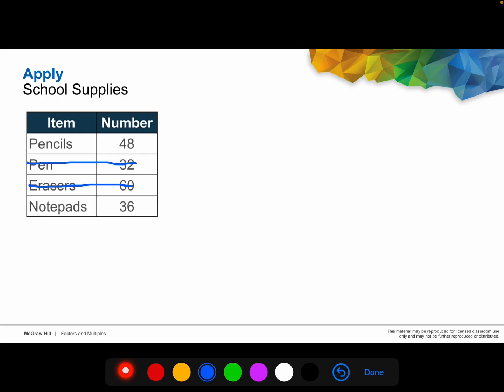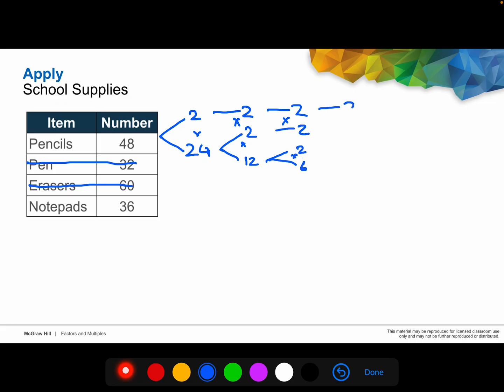So I'm going to use the factor tree to figure this out. Instead of doing it vertically, I could do it horizontally. So let's find the factors of 48. That's 2 times 24, and the 2 carries over. I can write 24 as 2 times 12. Again, I can write 12 as 2 times 6. So that's 2, 2.